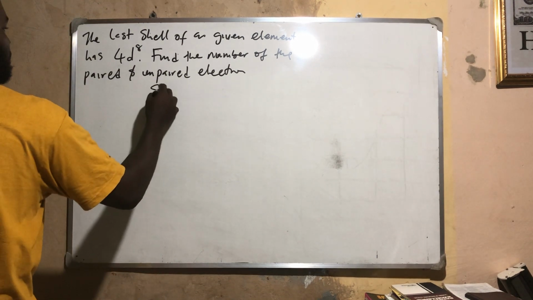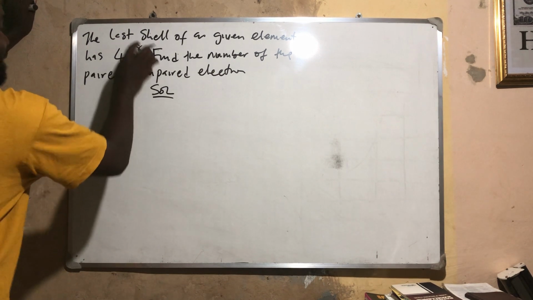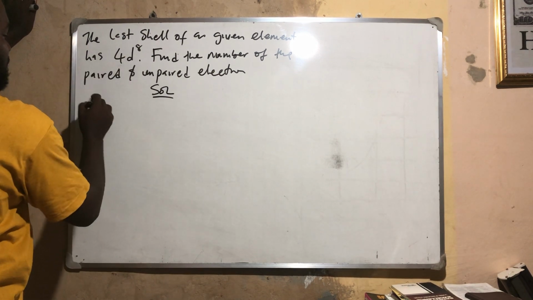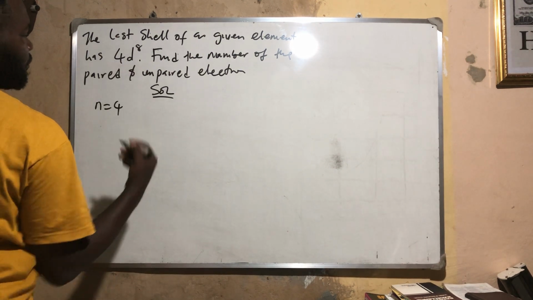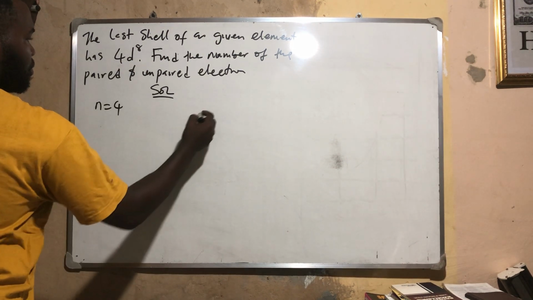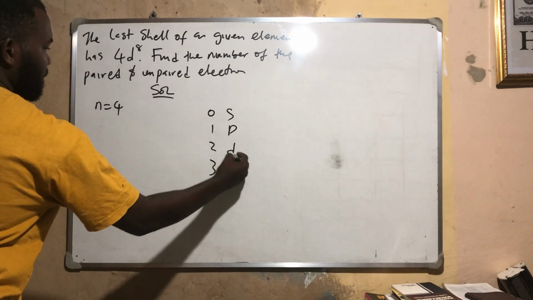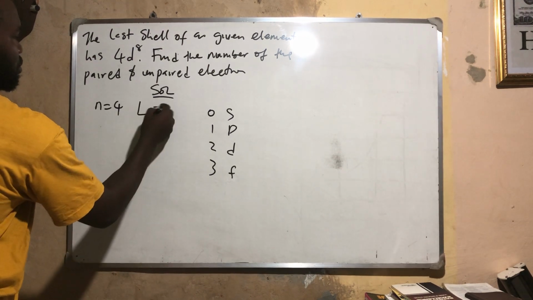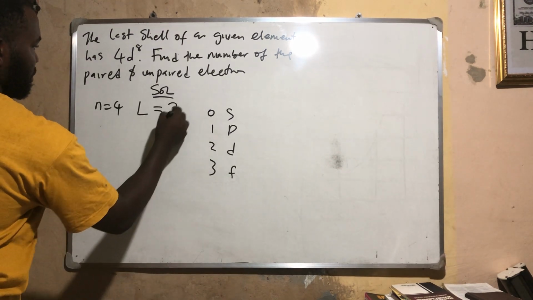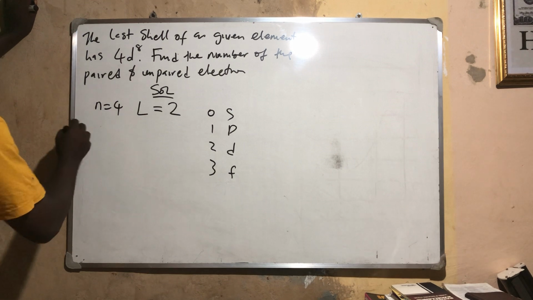This is a very simple solution. So what do we do? First of all, let us get all the quantum numbers of this. The coefficient 4 means that the principal quantum number is 4. Now D, for the azimuthal quantum number, I told you it ranges from 0, 1, 2, 3 for S, P, D, and F. So the azimuthal quantum number for D is 2. Now for the magnetic quantum number, we need to draw it.